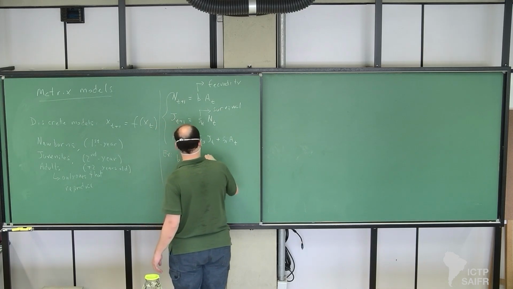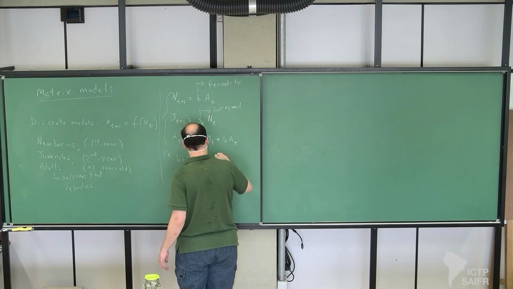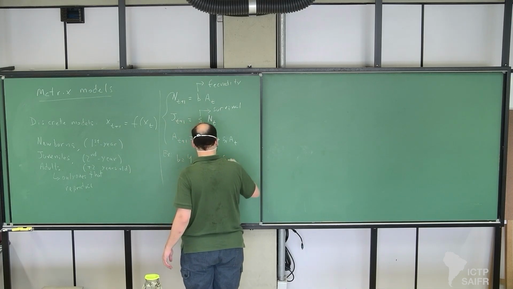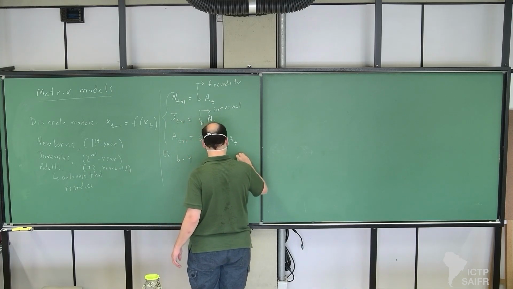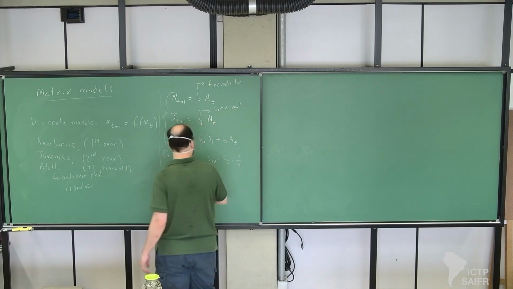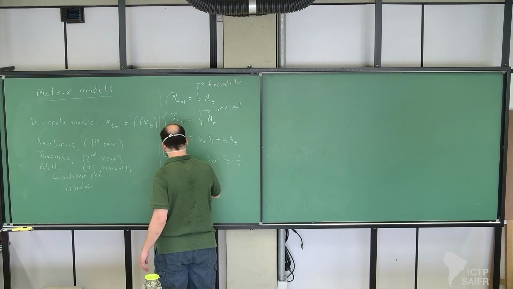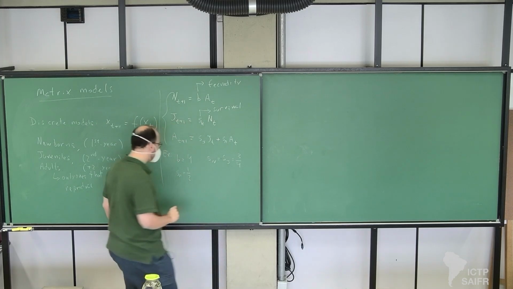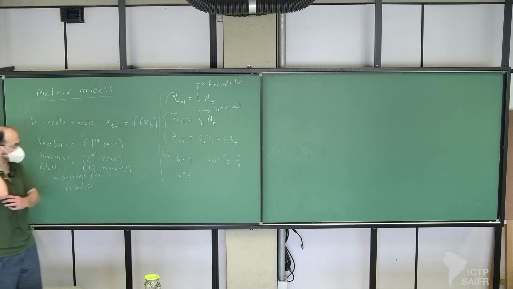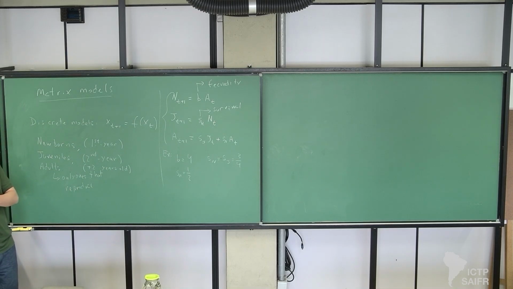I put the survival of juveniles and newborns at 3/4, and the survival of adults at a half. And then I put an initial condition, because to run this I also need an initial condition.